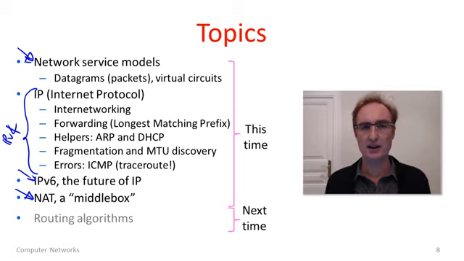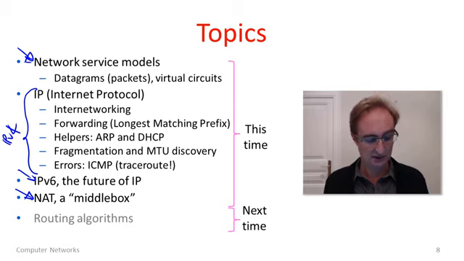NAT is a strange kind of forwarding technology. It's called a middle box. It is something that many of you probably have in your houses. If you have an AP that you hook to the internet, it usually has NAT technology inside it. We're going to understand exactly what it is, since it's something that many of you probably encounter day to day. And we'll see how it does fit, or rather how it doesn't fit, with the standard IP model.